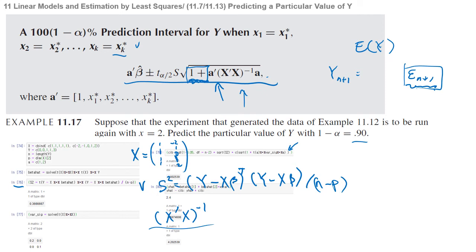This qt part is this part, the square root of s square is this thing, and the square root of 1 plus a transpose times variance sigma times a is this part. And as a result, our confidence bound is calculated this way, which is the same as the previous example from the simple linear regression case.